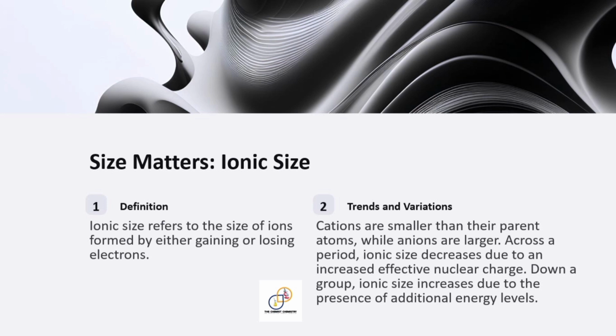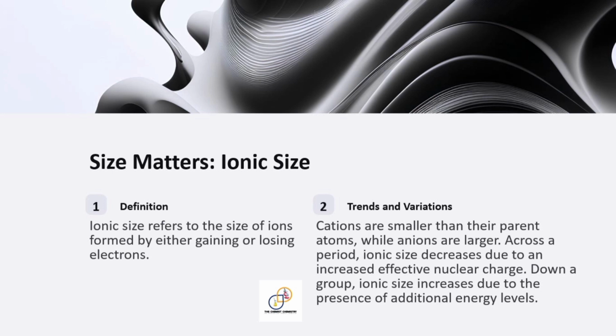Ionic size, or size matters. Definition: ionic size refers to the size of an ion formed by either gaining or losing electrons. We learned that an atom can lose an electron and at the same time it can gain an electron.